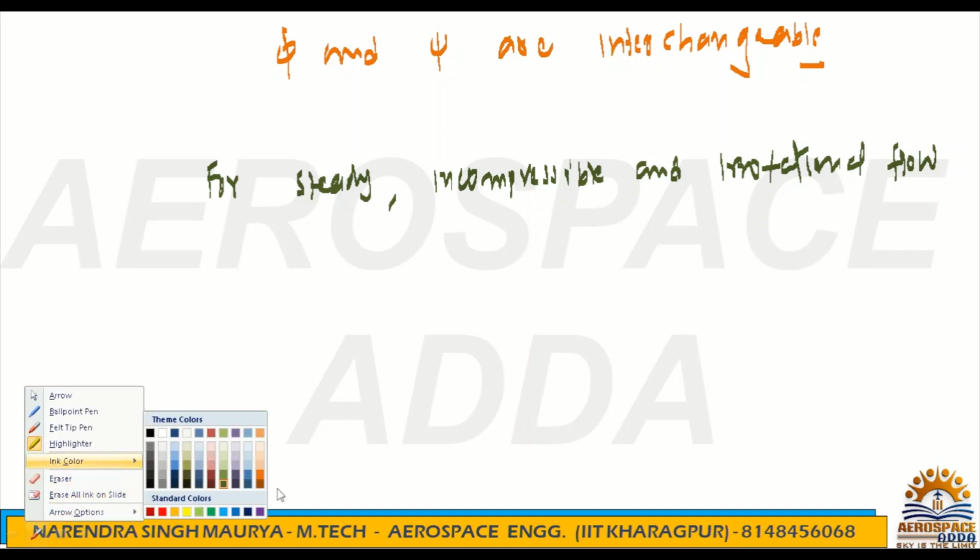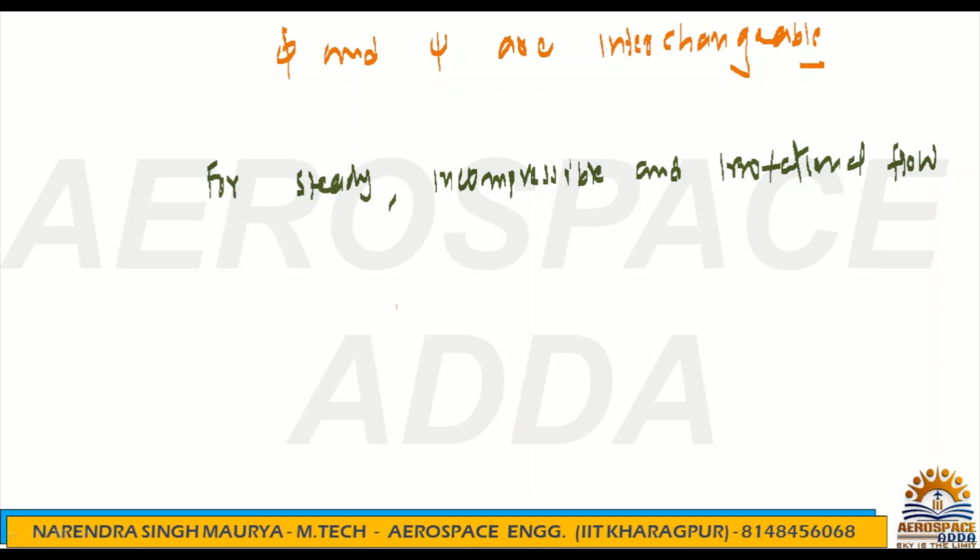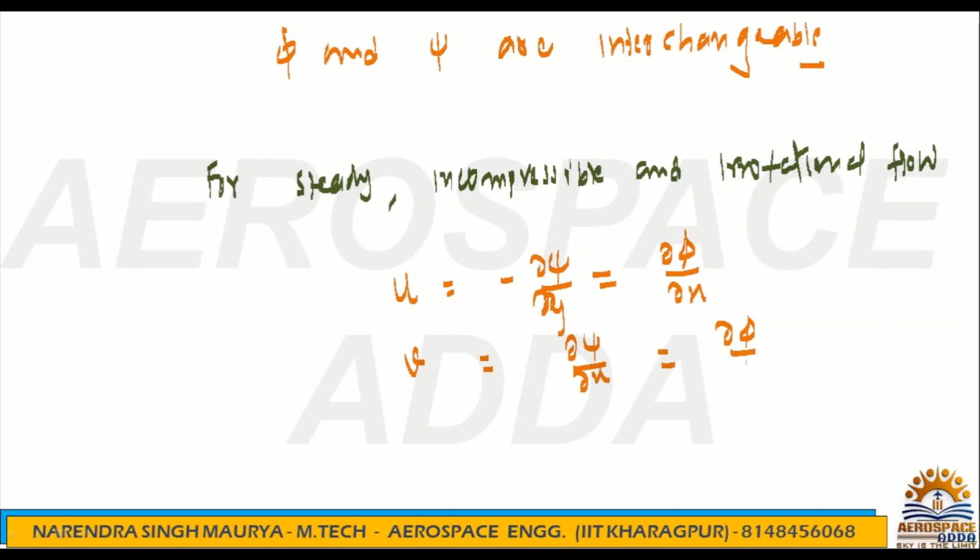See the result and you will understand. We have u equal to minus dou psi by dou y, and also u equal to dou phi by dou x. v is equal to dou psi by dou x, and also v is equal to dou phi by dou y, right? This is the Cartesian coordinate, and similarly we can write it in polar coordinate also.